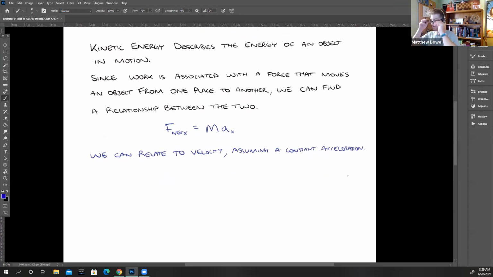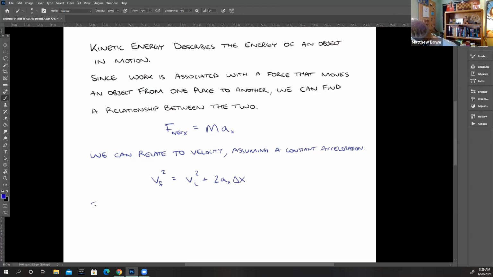So this is where we just take something we've learned about constant acceleration. We had those kinematic equations. We're going to take one of those, specifically this one. It says V final squared is equal to V initial squared plus 2A in some direction times the displacement.